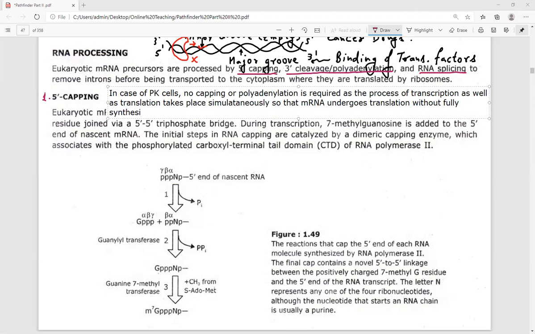Now, without even being fully synthesized, the mRNA is going to undergo translation. So no specific cap is required.